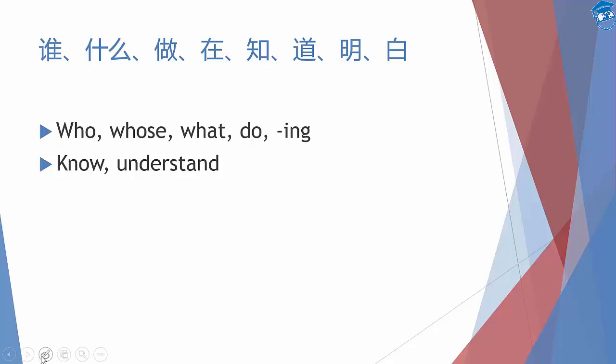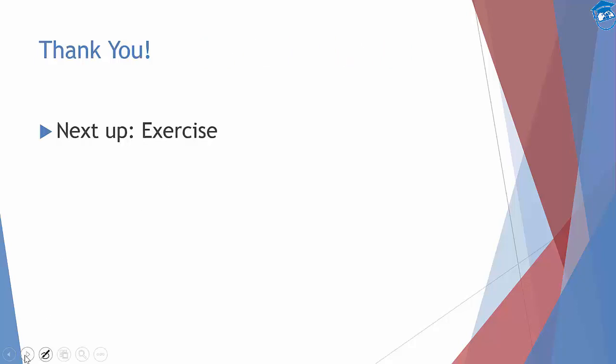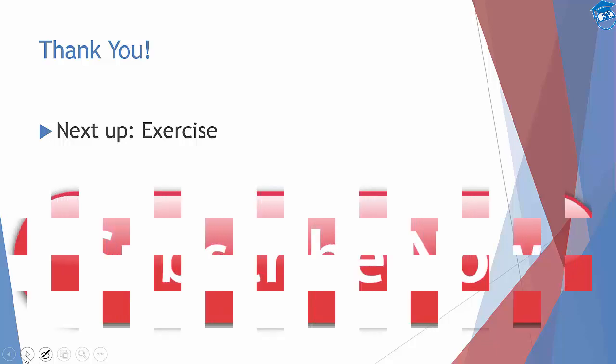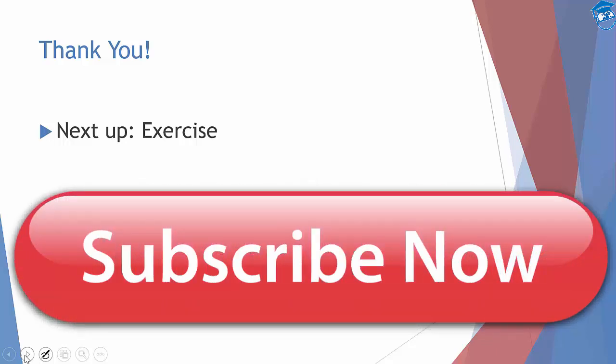Next up there will be an exercise as usual to test if you have understood, and from the exercise I want to enhance your learning as well. So the exercise will be fun and challenging.